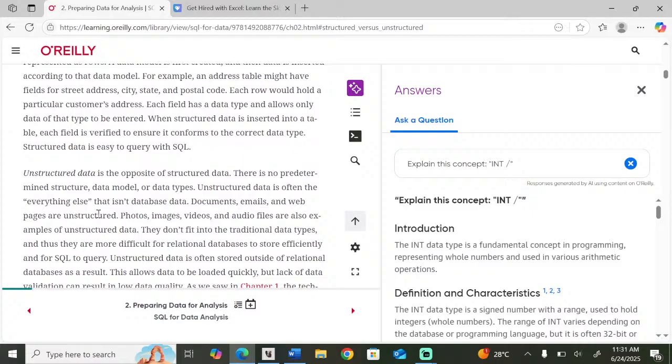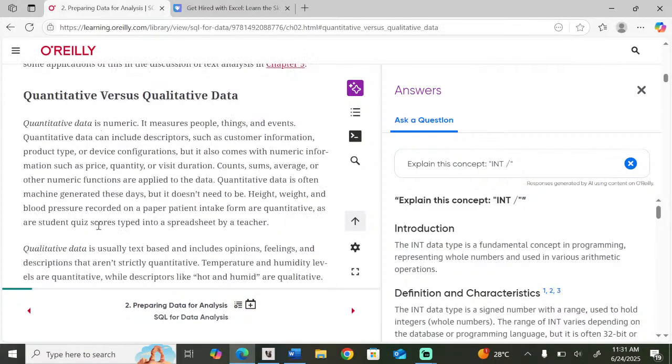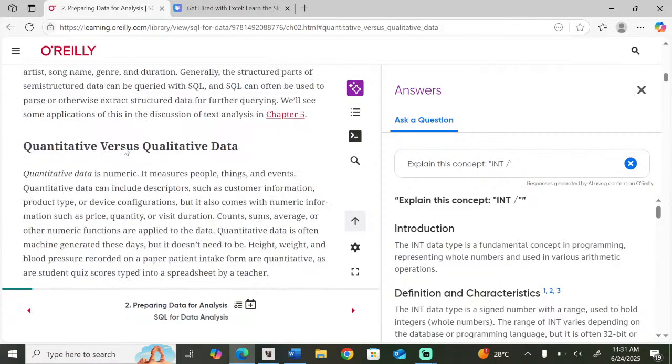Now, quantitative versus qualitative analysis. This one is very, very important. Let's talk about quantitative data. It measures people, things, and events.